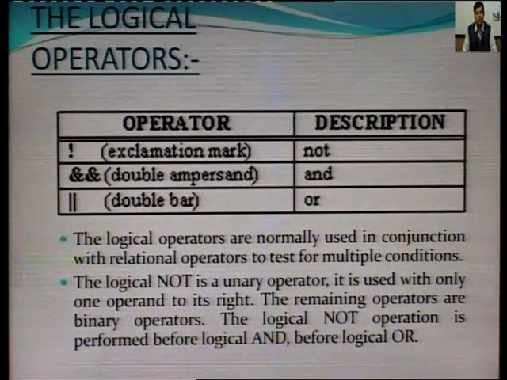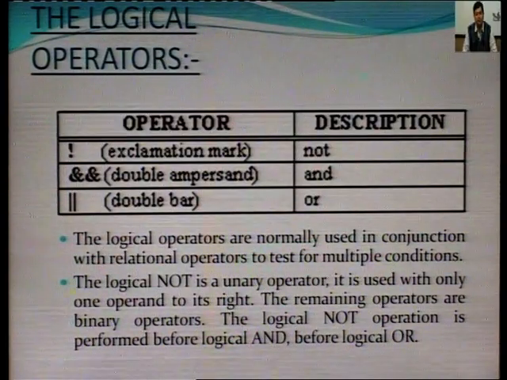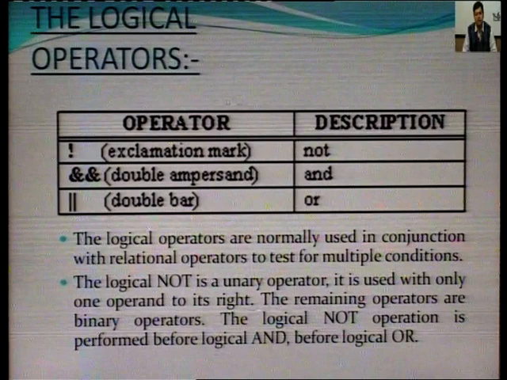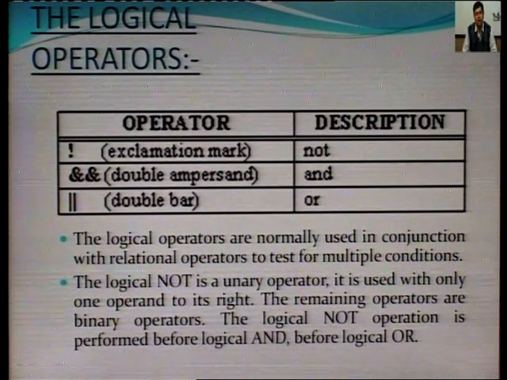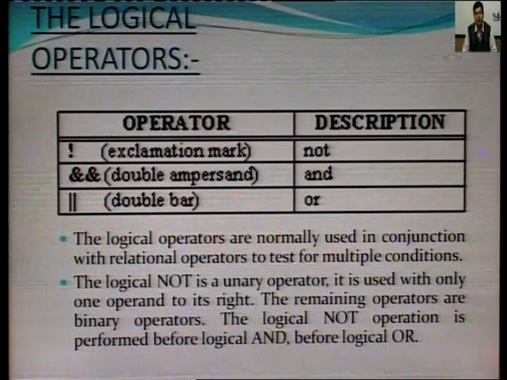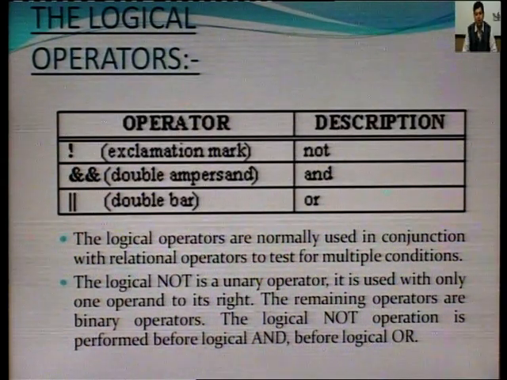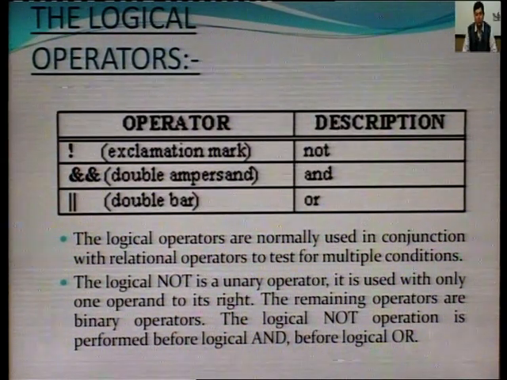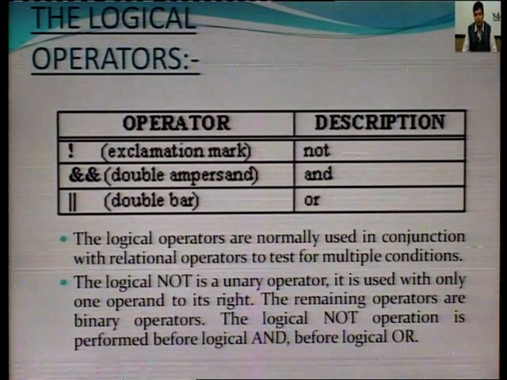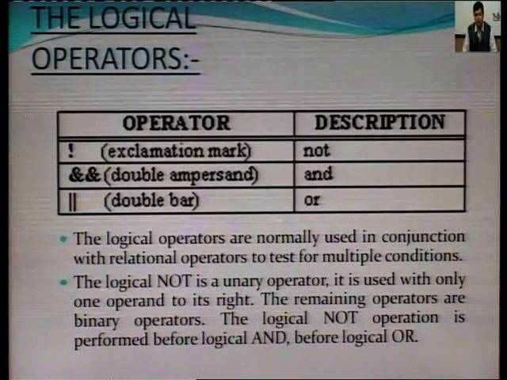And these are the logical operators. The exclamation sign is for NOT, the double ampersand sign is used for the AND operator, and the double bar is for the OR operator. The logical operators are normally used in conjunction with the relational operators to test multiple conditions.